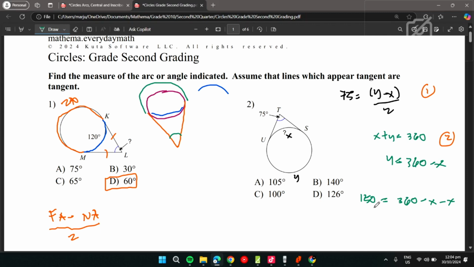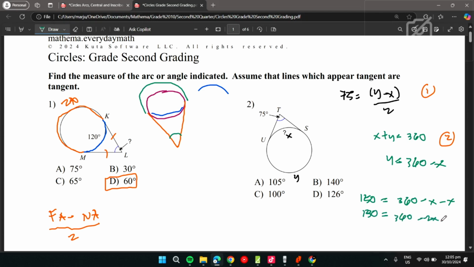Ginawa ko times 2 lang. Pwede ba? And then this will become what? This is now 150 equals 360 minus 2x, right?